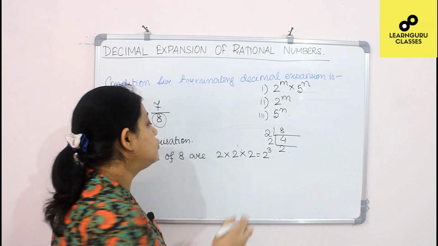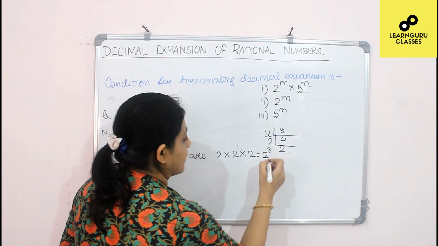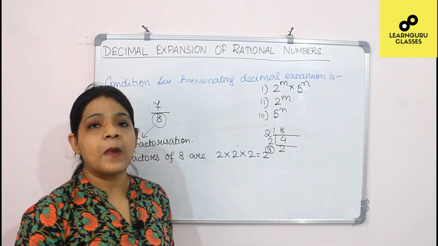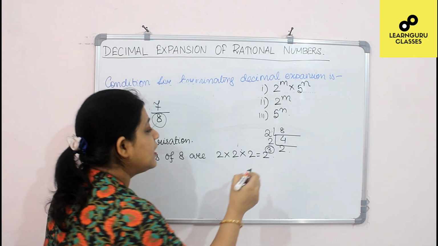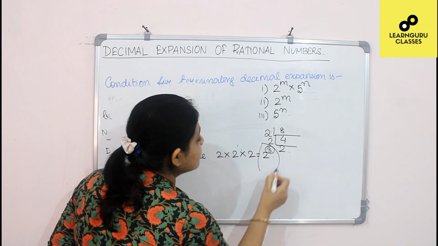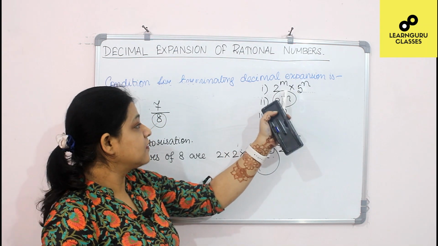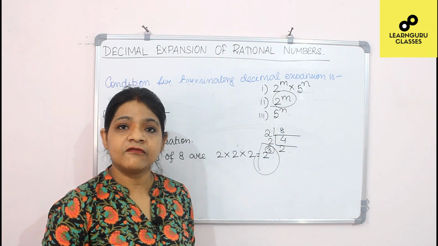So 2 to the power of 3 means 2, and within it there is one power, that is 3. So can you say this is the replica of 2 to the power of m? This symbolizes 2 to the power of m.